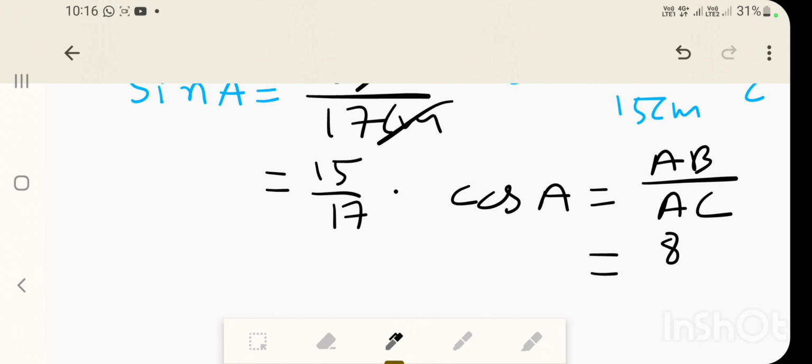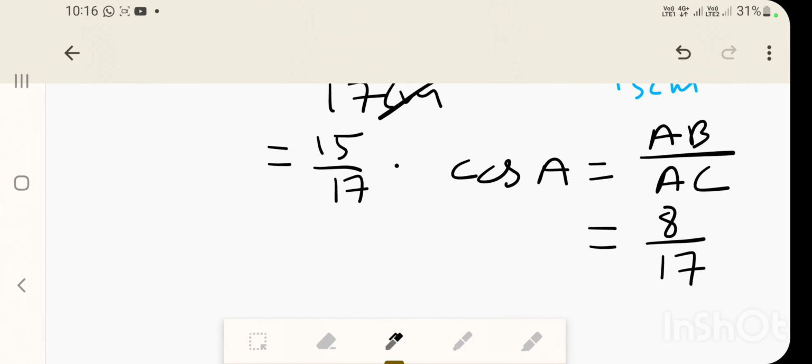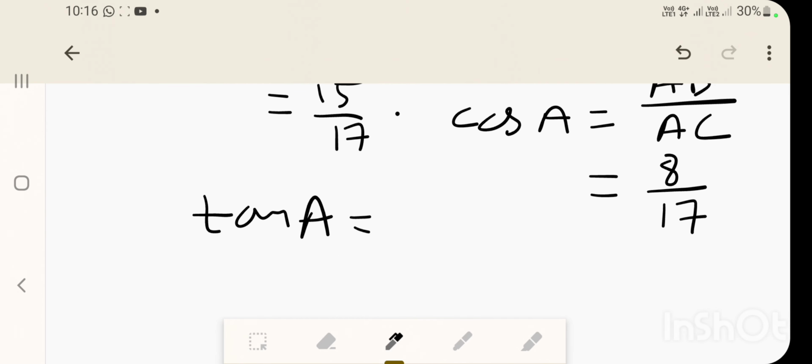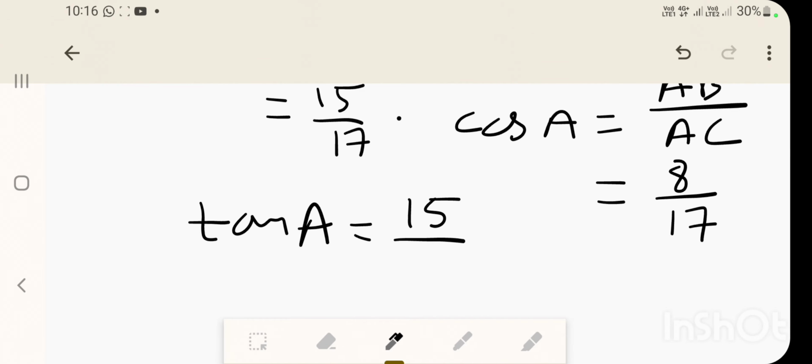AB is 8 centimeters and AC is 17. Always remember, the length of the hypotenuse is going to be longer than the other two sides. If you want to find tan A, you can take the ratio of sin A divided by cos A, or you can take opposite by adjacent side lengths. The opposite side to A is 15, divided by the adjacent side 8, so 15 by 8.